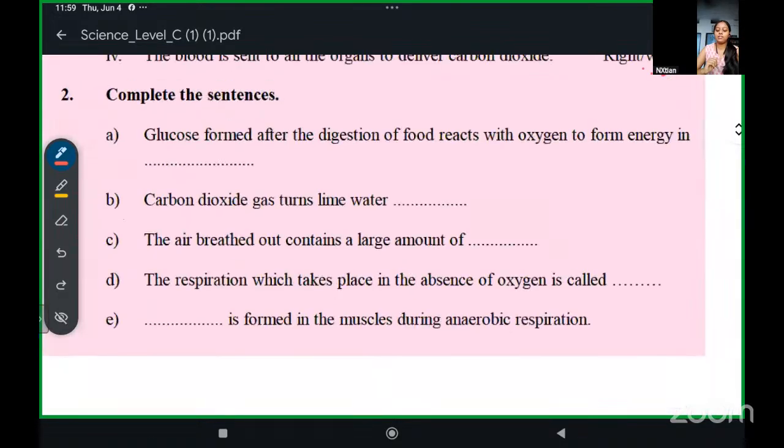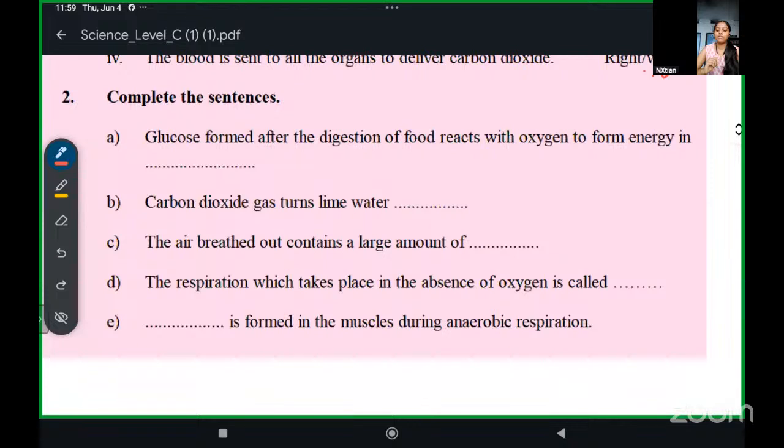Complete the following sentences. Glucose formed after the digestion of food reacts with oxygen to form energy in the dash.